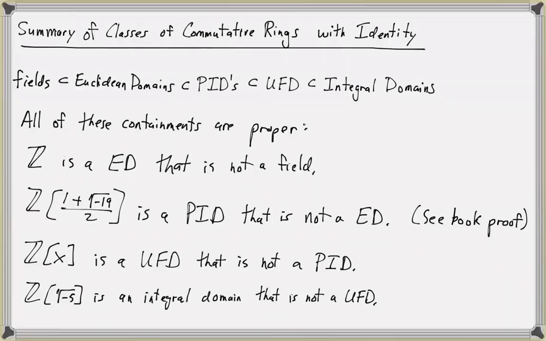So we actually showed that 3 is irreducible in this ring, and 3 divides 9, but we can also write 9 as 2 plus square root of negative 5 times 2 minus square root of negative 5. And since 3 is irreducible and the factors on the right are both irreducible, we see that factorization is not unique.